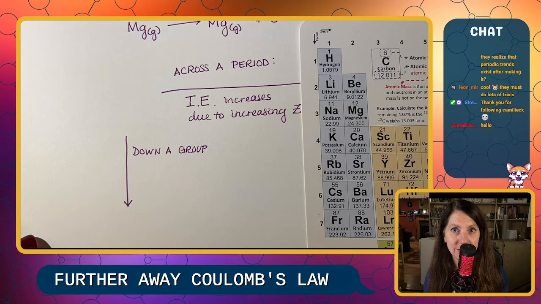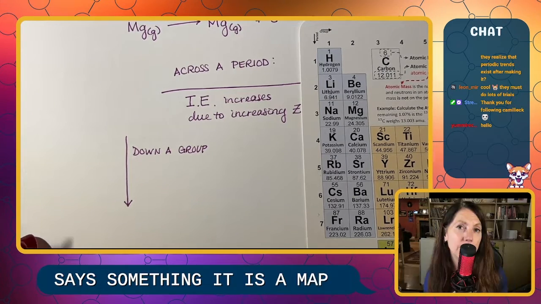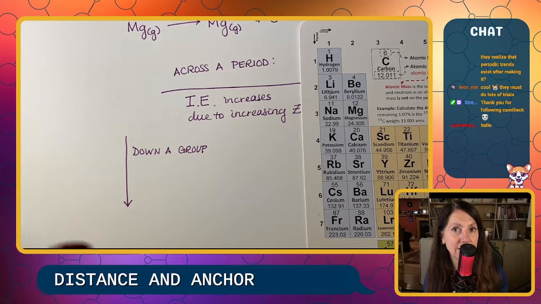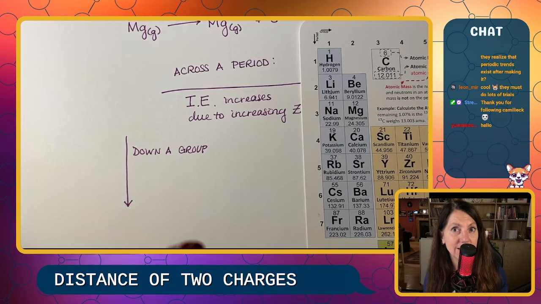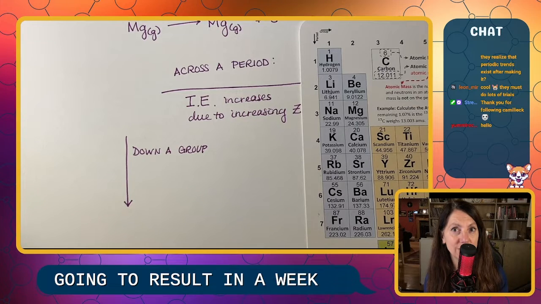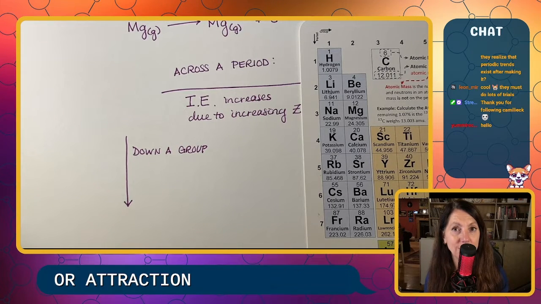Coulomb's law is a mathematical formula, but we can talk about it conceptually: an increase in distance of two charges is going to result in a weaker attraction. Okay, there's an inverse relationship there.